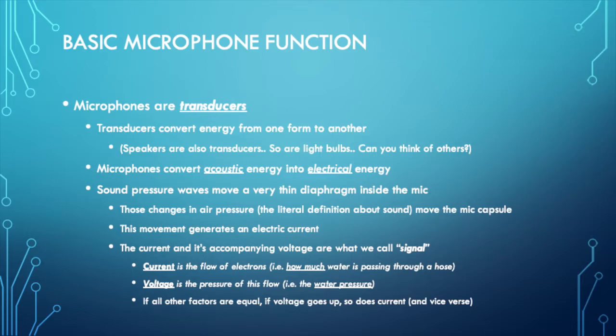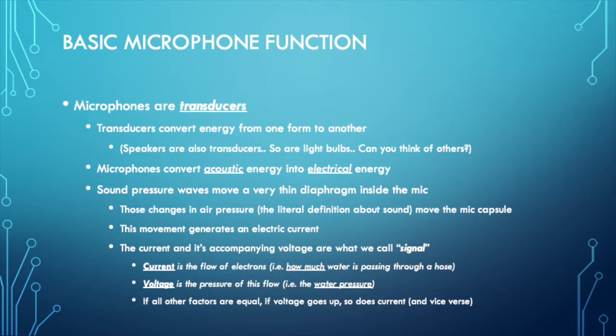Current is measured as an amount over time, so it's how much water would be going through the hose or how many electrons are flowing through a cable, right? Whereas the voltage would be like the water pressure. Is it a slow trickle or is it like a pressure washer, high pressure nozzle? And so if there is no voltage, there can be no current.